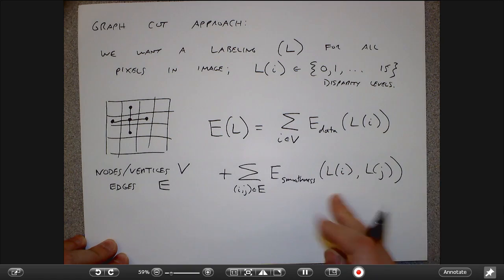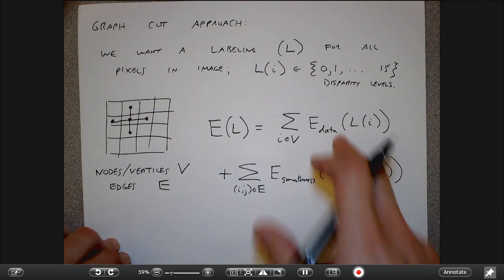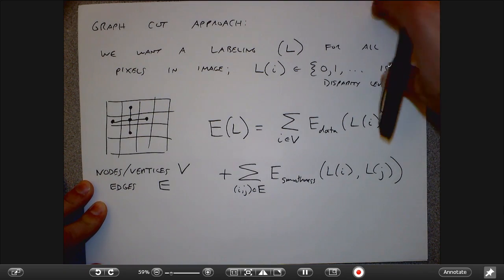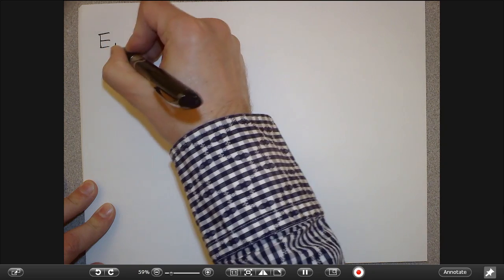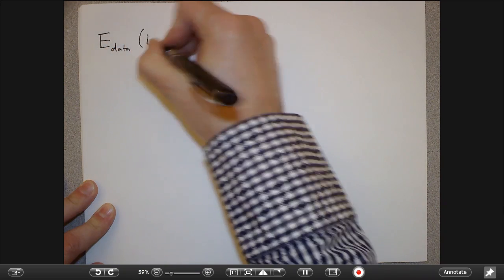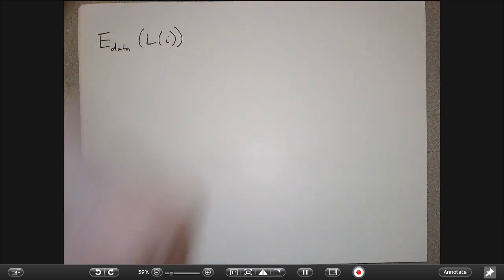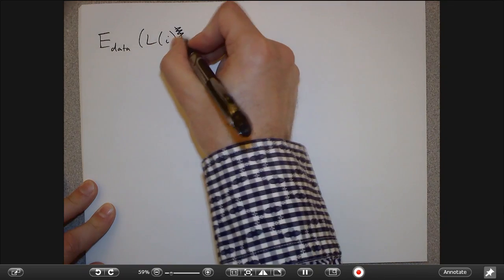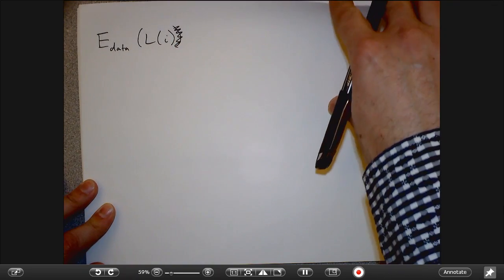So what do these terms look like? The data term basically comes from the stuff I talked about under the heading of basic stereo algorithms, right? So let me write this a slightly different way.